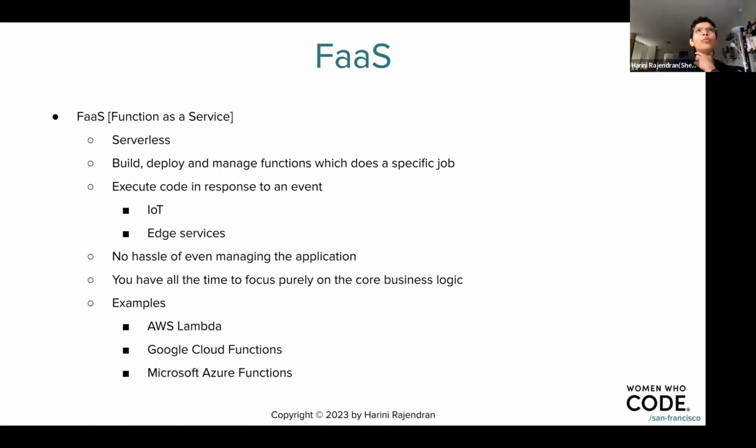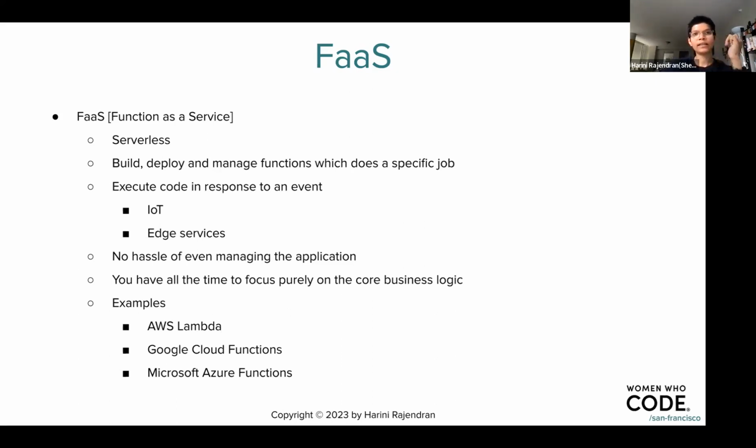And this is more commonly used these days in edge devices and in Internet of Things. For example, edge devices could be like weather sensors that are deployed across the city, and Internet of Things are all the smart home devices that we use these days, like Alexa or Amazon Fire Stick or whatever, right?